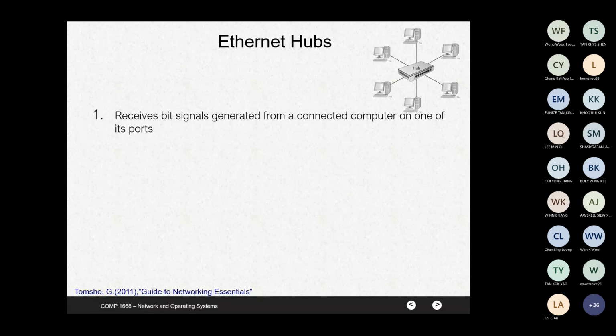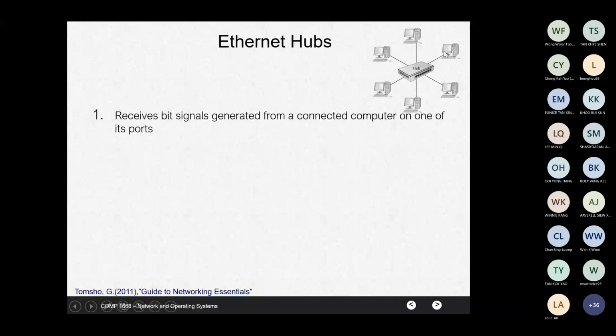Okay. Just to discuss slightly further on Ethernet hubs: they receive bit signals generated from a connected computer on one of their ports. So that's how hub works. The signal will come from one connected computer on one of the ports.